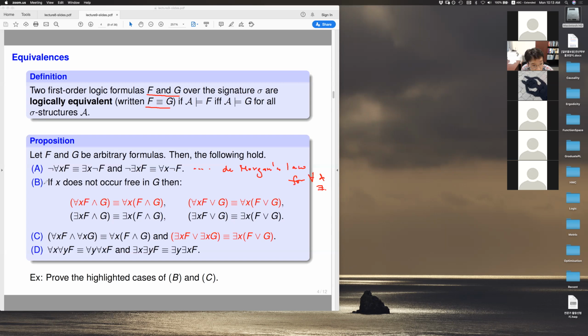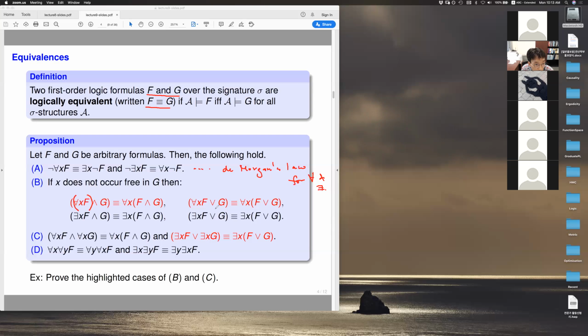The second type of equivalence says, if I have a universal quantification, so here the parenthesis goes like this, and we have some formula outside that's combined with either conjunction or disjunction. If the formula outside doesn't refer to the quantified variable x at all, then we can move that formula into the quantification or outside of the quantification.